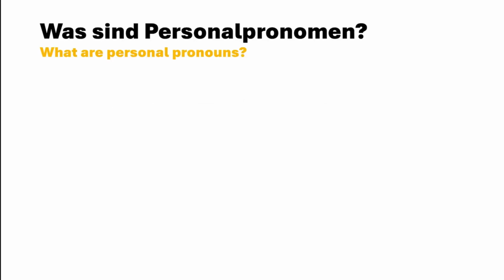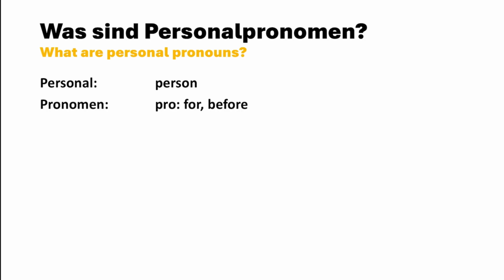So first, was sind Personalpronomen? What are personal pronouns? The word Personalpronomen stems from Personal, which means person, and Pronomen, which is Latin for pro, which means for or before, and nomen, which means noun.